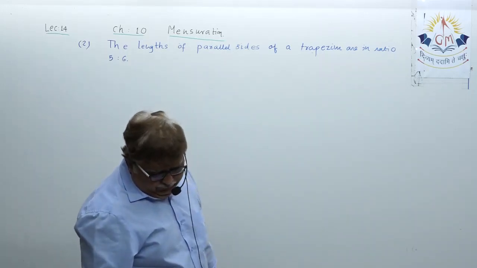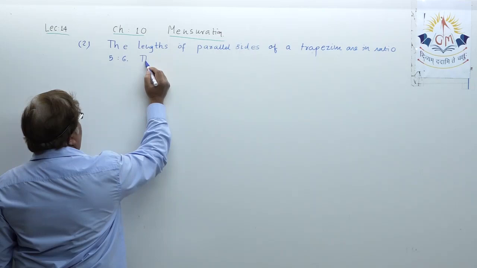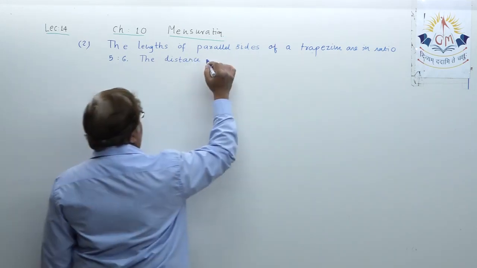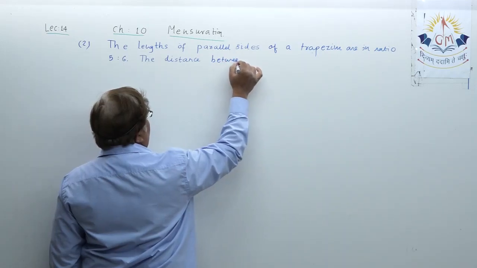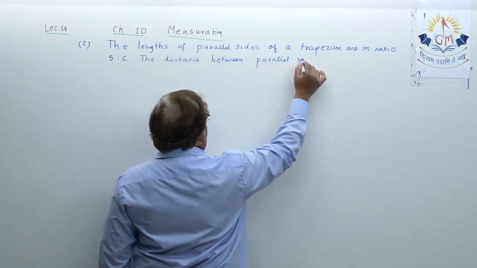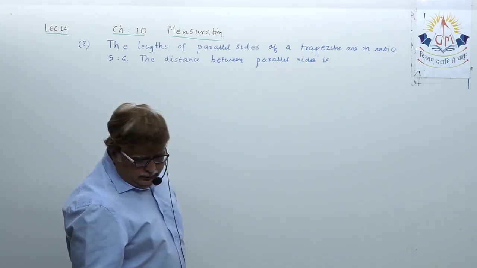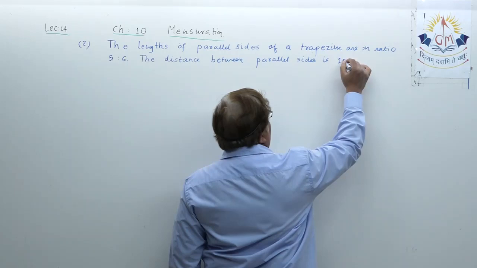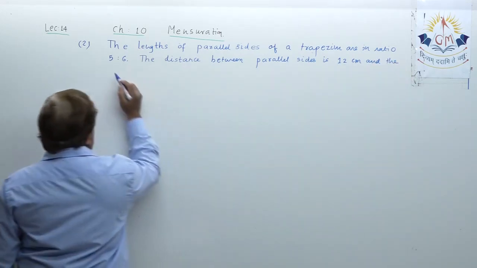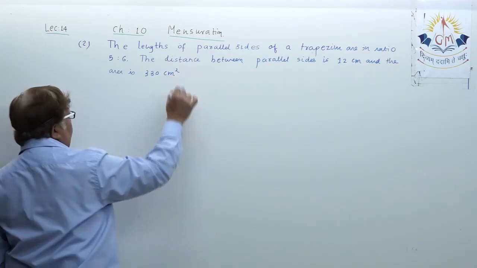First the data, then further, the distance between parallel sides is 12 centimeter, and the area is 330 square centimeter.